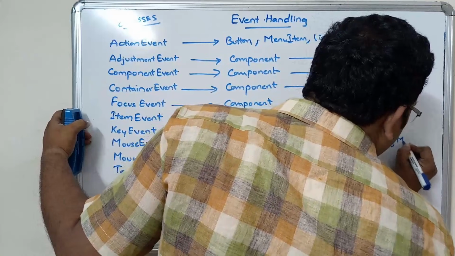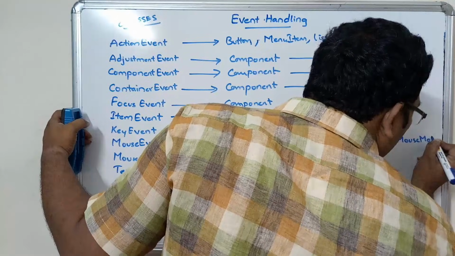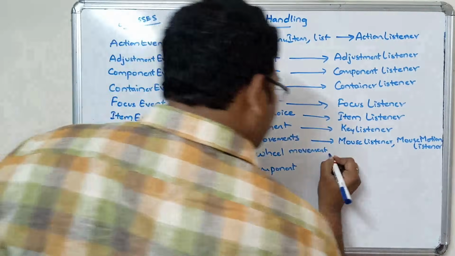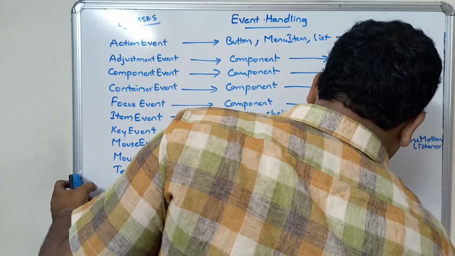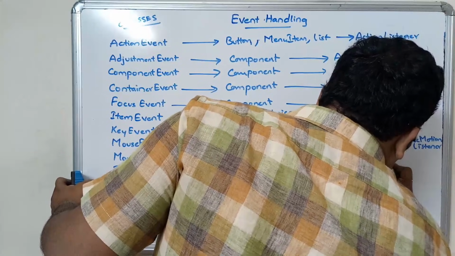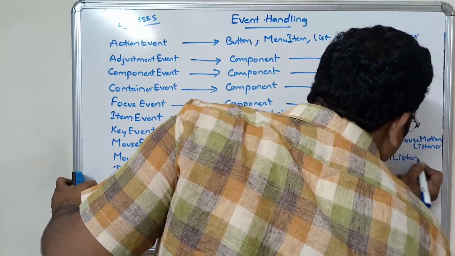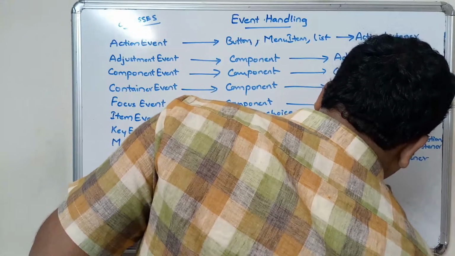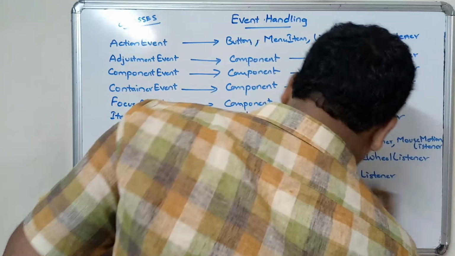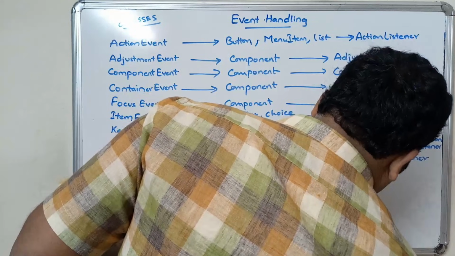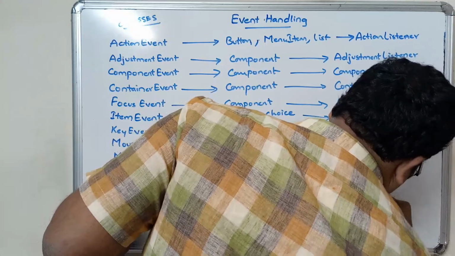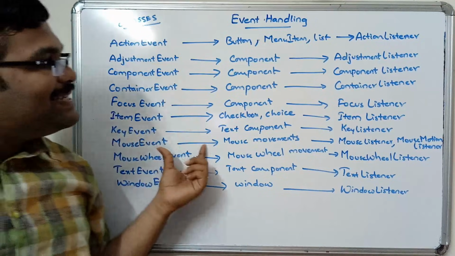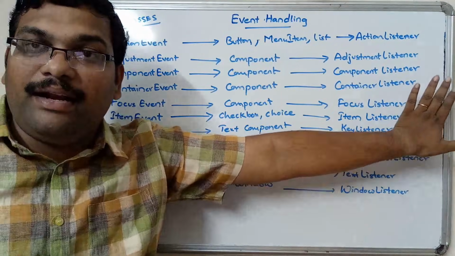Mouse listener. Mouse motion listener. Next, mouse wheel listener, text listener, window listener, right? So for all these classes, the corresponding listener interfaces will be there.